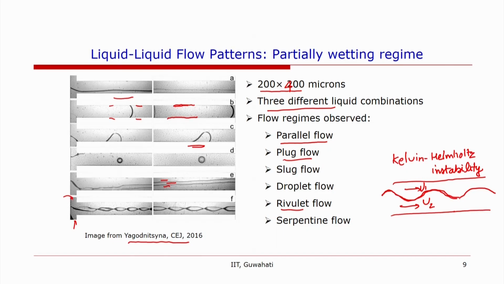So the instability causes waves on the interface, which initially was smooth and then was perturbed. Okay, so this looks very much like the serpentine flow they described. This might be caused by Kelvin-Helmholtz instability, which might be playing a role there.